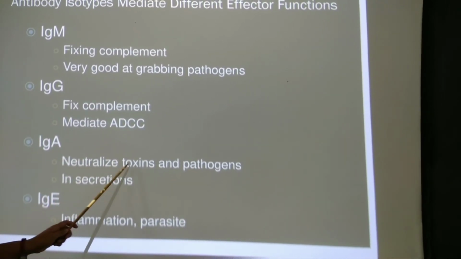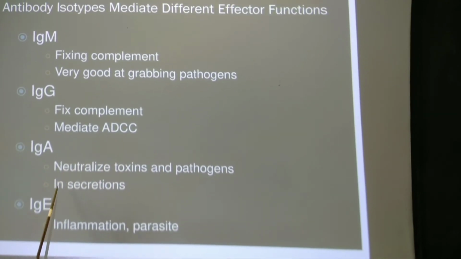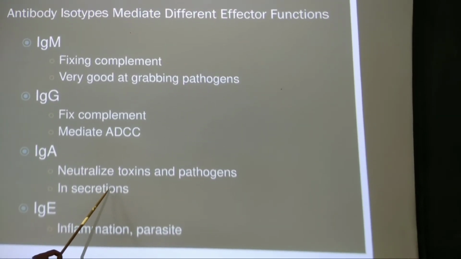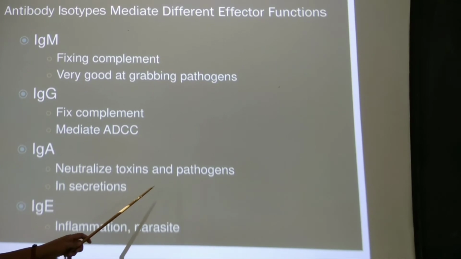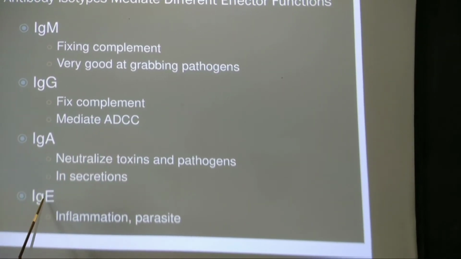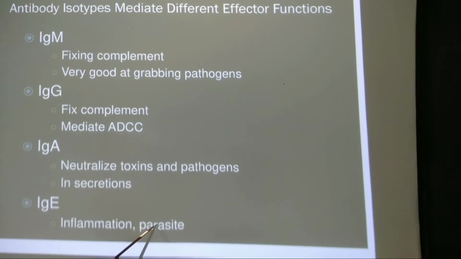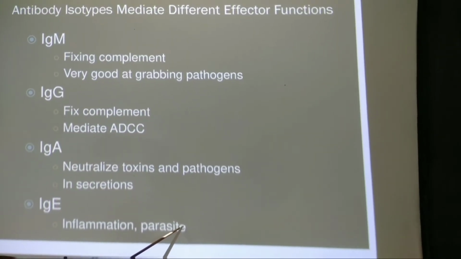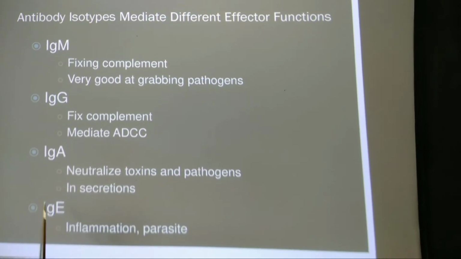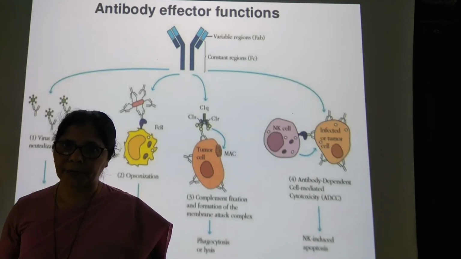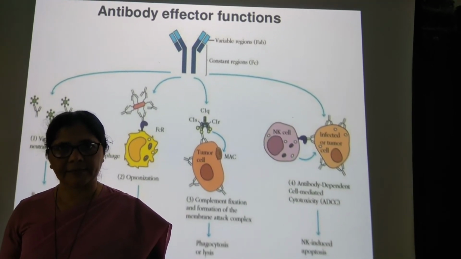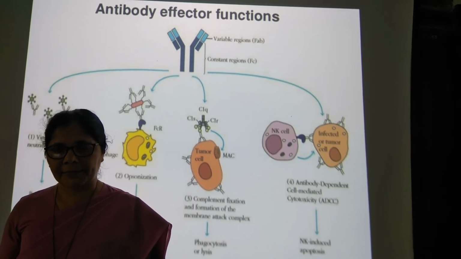IgA neutralizes toxins and pathogens, and is present in secretions like saliva, tears and so on. IgE is involved in inflammatory reactions and also in some parasitic infections.